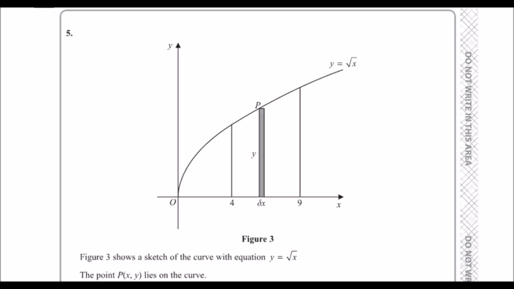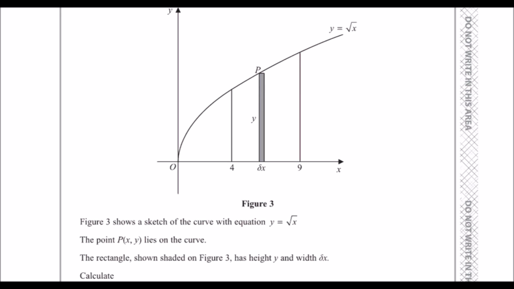Question 5. Figure 3 shows a sketch of the curve of equation y equals root x. The point P with coordinates x, y lies on the curve. The rectangle shown shaded has a height of y and a width of delta x.